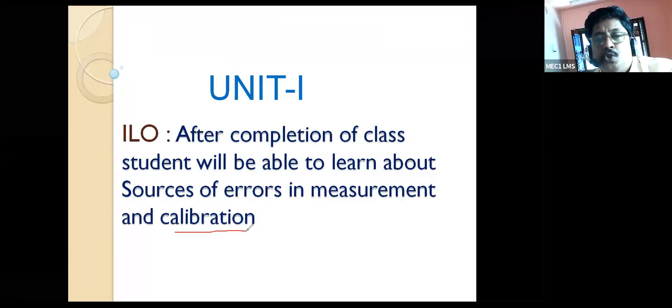So if the instrument is giving error, that means a wrong measured quantity, then you have to go for calibration of that instrument. In the calibration process, we have to find out where the defect is, make it correct, and then the instrument works properly within the range. That is actually the calibration procedure.